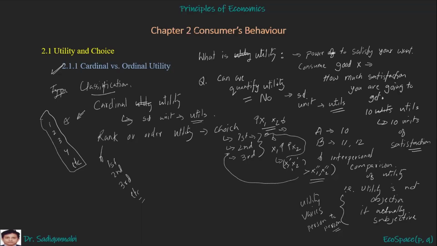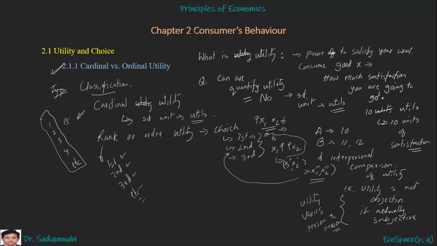In cardinal utility, we hypothetically take utils as the unit for quantifying utility, but in ordinal utility, because there is a problem of interpersonal comparison of utility, we avoid this comparison, and we say that we can rank the combinations of goods and services into first, second, third, fourth, etc. So this is the basic difference between ordinal utility and cardinal utility.